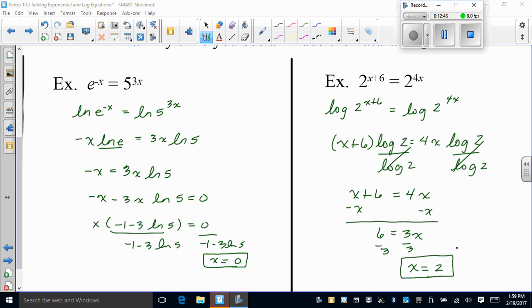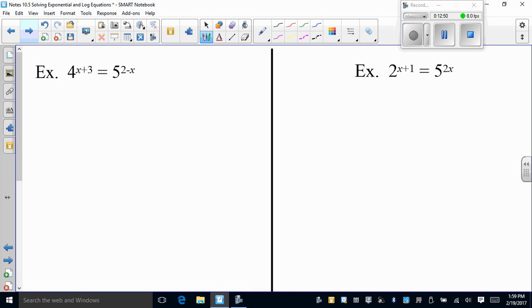Okay, couple more. So log of 4 to the x plus 3 equals log of 5 to the 2 minus x. Power rules, x plus 3 log of 4 equals 2 minus x log of 5.